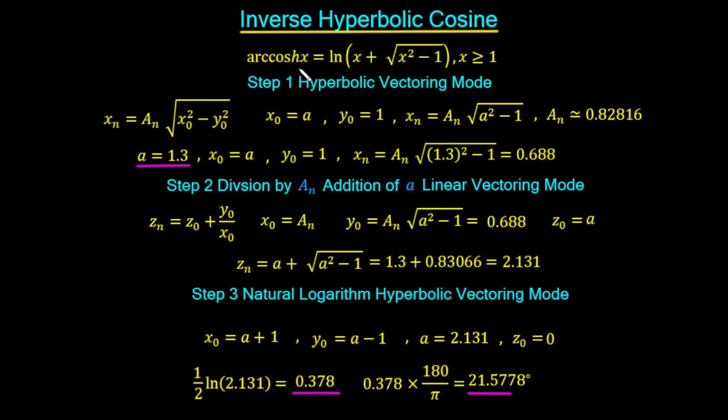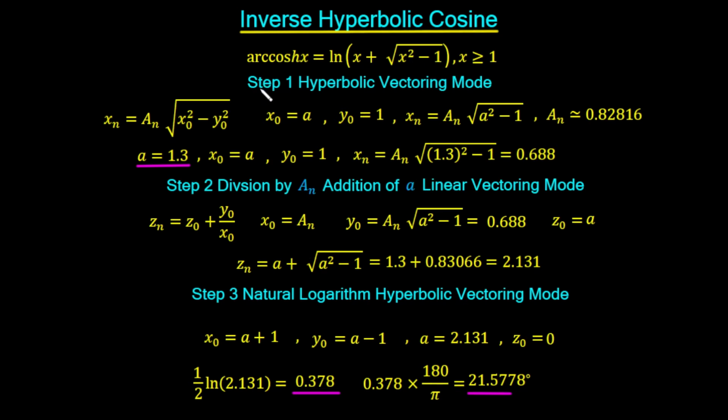Again, I'm not going to prove this identity, and I'm asking you to accept it, although we will have a look in the graphical calculator and we'll see that it is actually true. In the previous video we worked out how to generate the natural logarithm of a value, so we know how to do this part here. But how are we going to generate the x plus the square root of x squared minus 1?